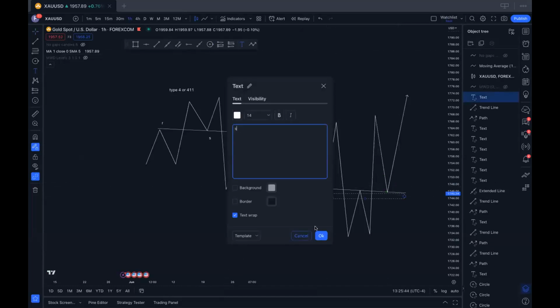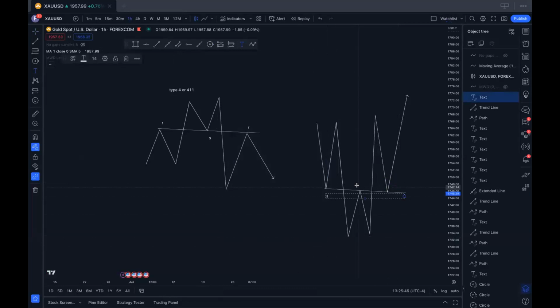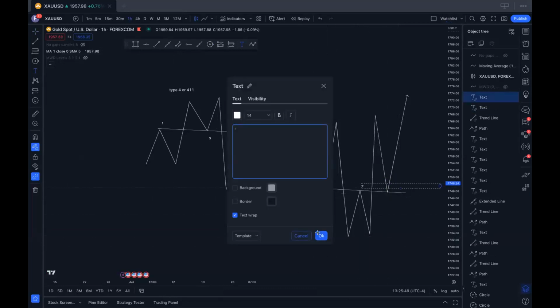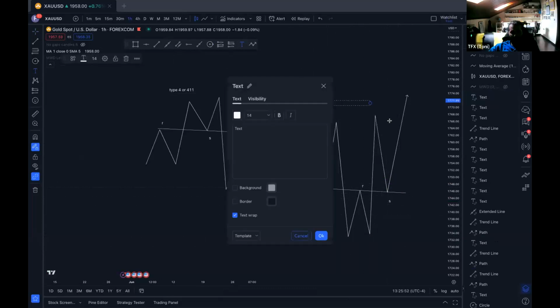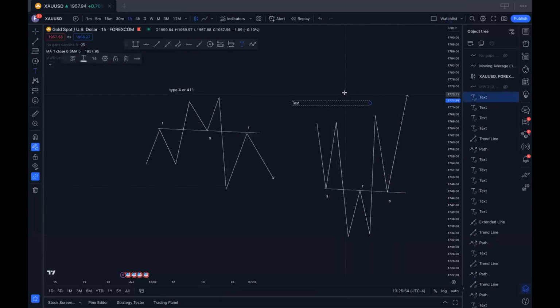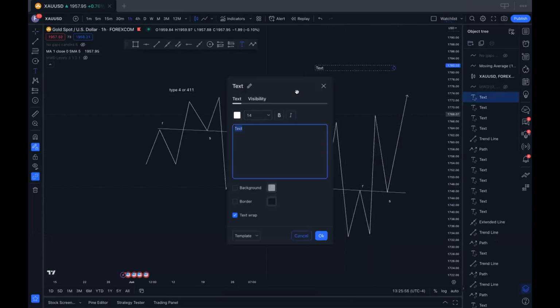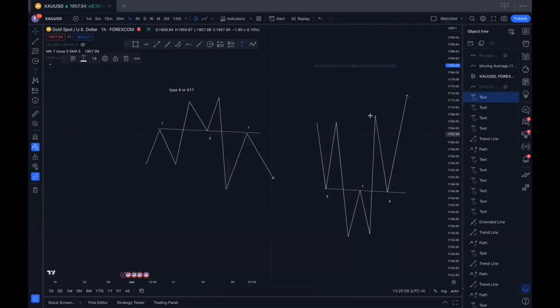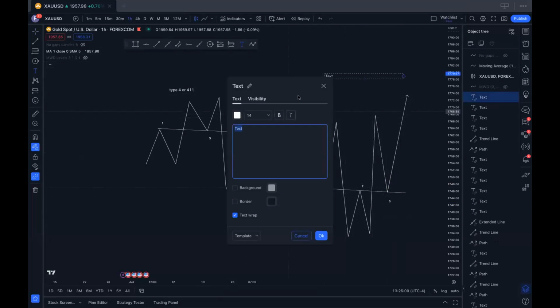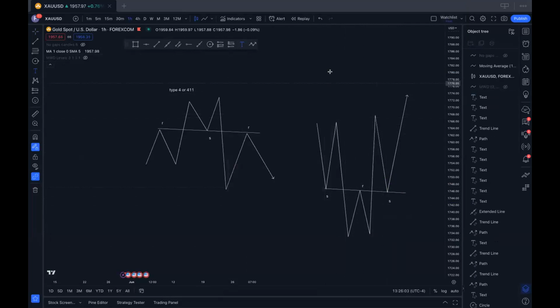It's support. Did anyone ever see this trend line before? You guys ever used this before this trading strategy? No. Okay, cool.